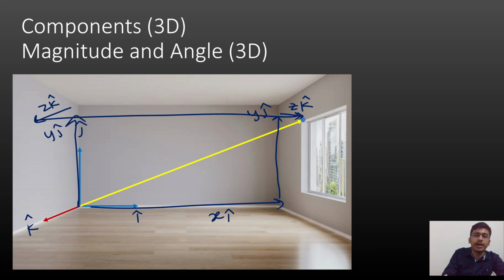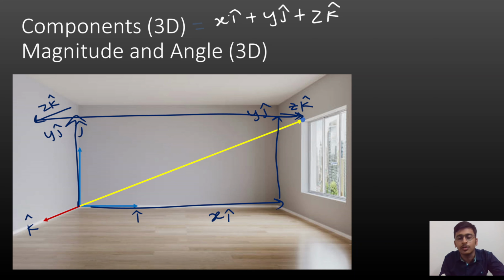So essentially, even if I change the order, the components are still the same. Components are still x i cap plus y j cap plus z k cap. It doesn't really matter what order you write. It has to be x, y and z. Then only you can reach that fly from that corner. So these are the components. And to find magnitude, what can we do? Let's talk about that in a minute.